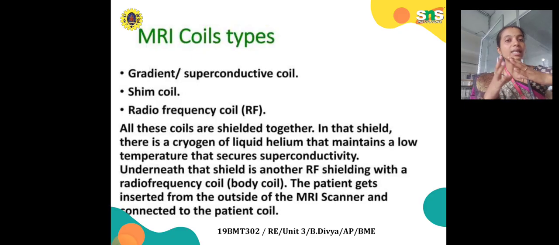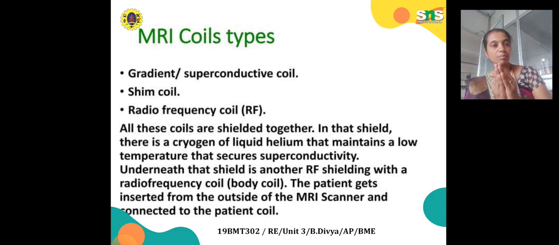In that shield there is a cryogen of liquid helium that maintains a low temperature that secures superconductivity. Once these three coils are shielded together, we have an electrical supply to them and there will be high temperature also.